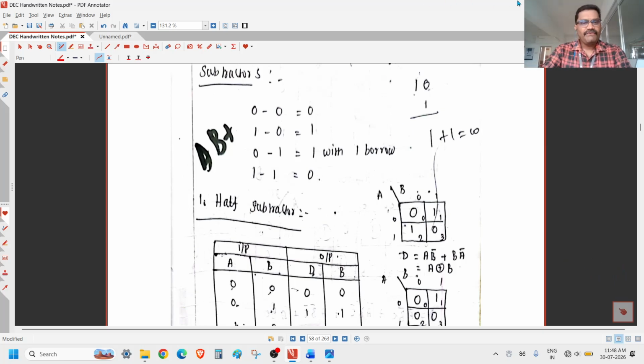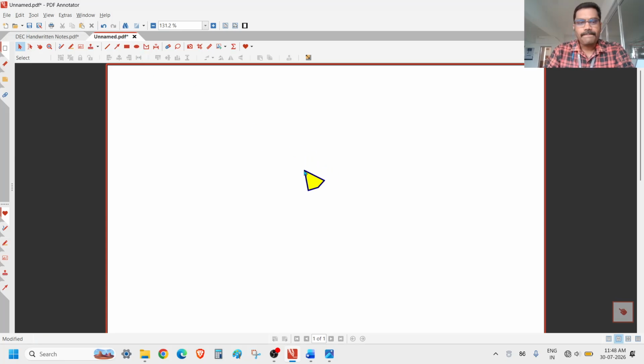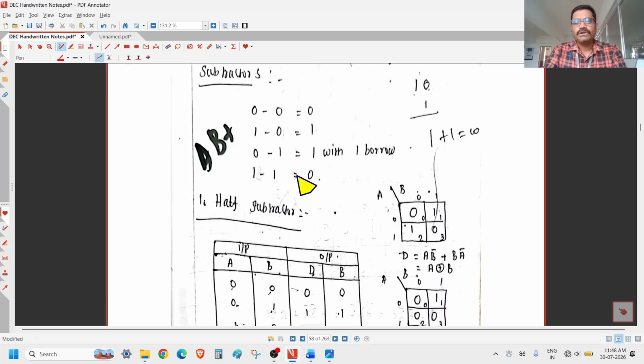Before entering the video, first of all, we have to discuss the subtraction rule. That is very important to design the subtractor. And also, we must know that a subtractor is a combinational logic circuit. The technical definition of a combinational logic circuit is that all the logic gates are combined together to perform a specific task with the help of a set of input variables, and in the output line it delivers a set of output variables.